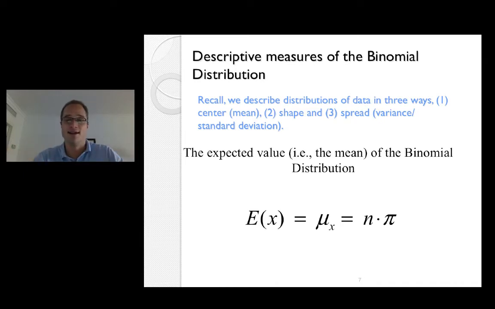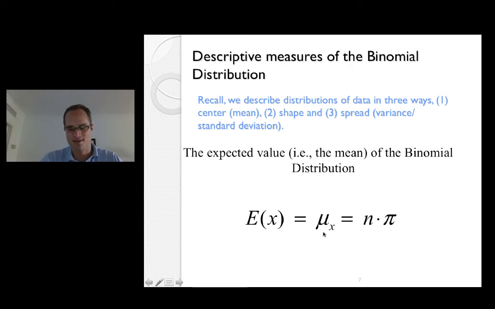The first one, which I've already highlighted, is the mean. For the binomial distribution, the synonym for the mean is the expected value, how many successes you expect to get. It is our measure of central tendency. It's also the average. Some of the new notation here is that capital E is expectation. The expected number X of successes is going to be our mean, the Greek letter mu, and X is just a subscript to indicate that we're talking about the number of successes.